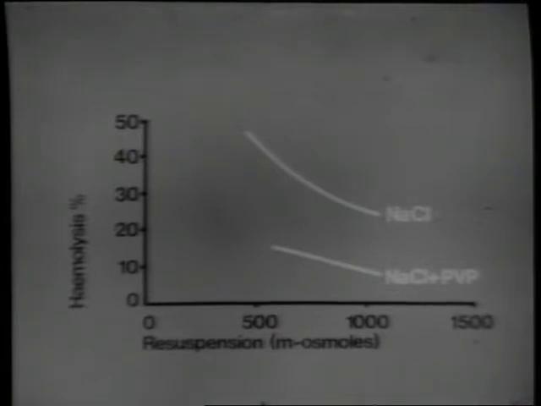Now, in this graph I have shown an experiment by Tony Woolgar where red cells were exposed to strong salt solution and then rediluted into solutions of differing osmolality, either made up entirely of sodium chloride, and you can see that as the sodium chloride concentration is increased, so the survival rate improves. But this is compared with a solution containing isotonic sodium chloride and progressively increasing amounts of PVP. And you can see there is a marked improvement in survival.